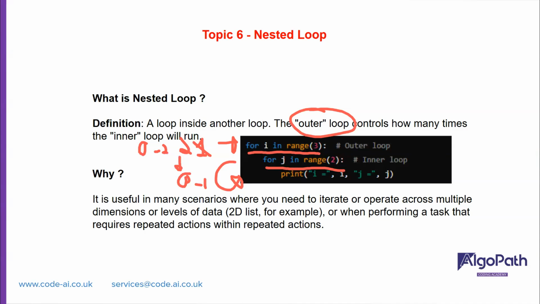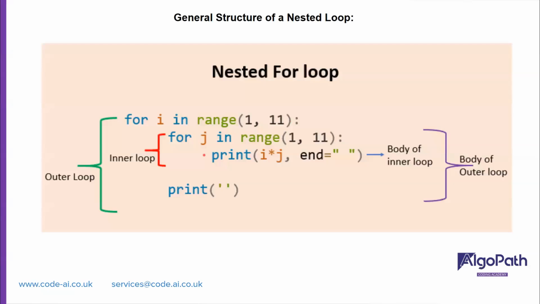These are very useful for things like 2 dimensions, particularly in lists and matrices, which we are going to see later on. So let's have a little look in a bit more detail at what these nested loops look like. The actual body of the loop is a little bit complicated here because this part here is actually inside and is the body of the outer loop.